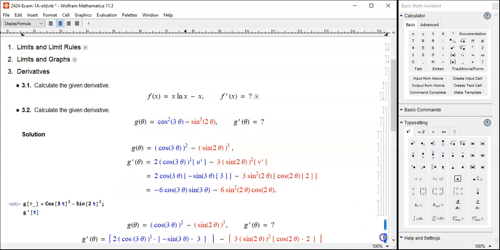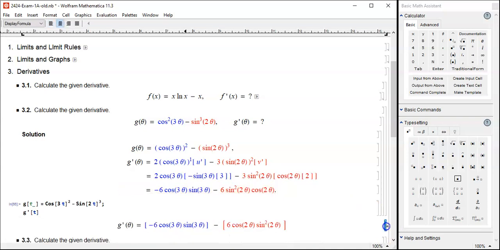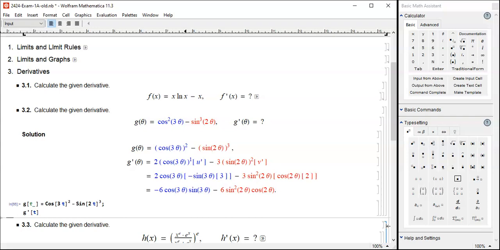Okay, that way you can see the association a little bit better. Okay, done. Let's go to the next problem.